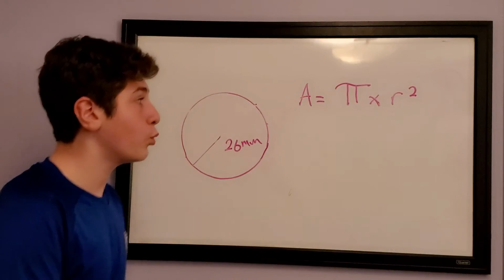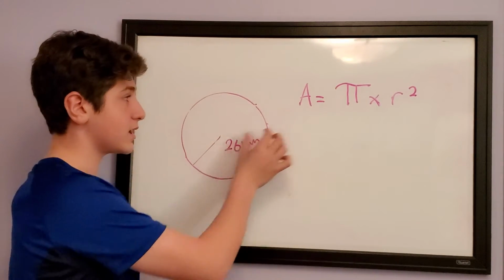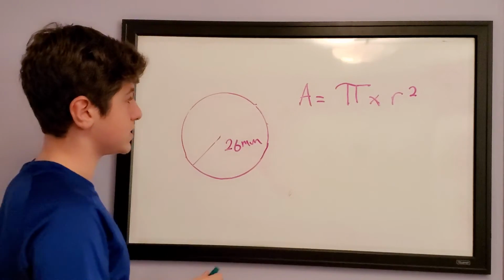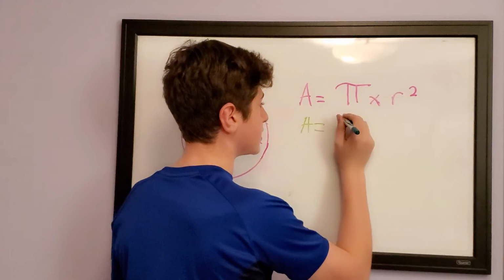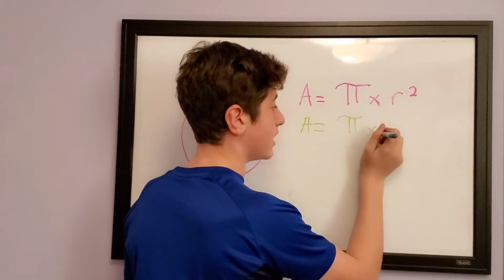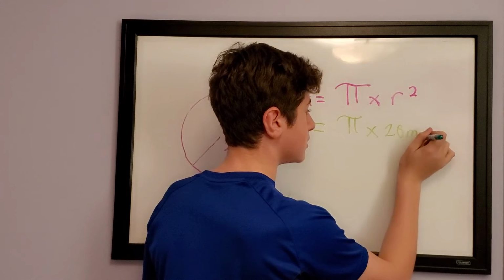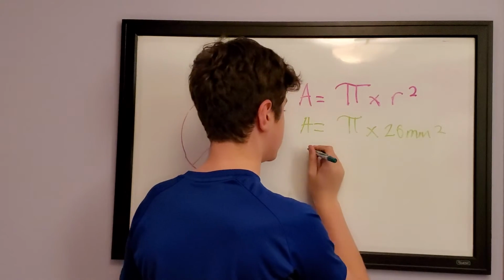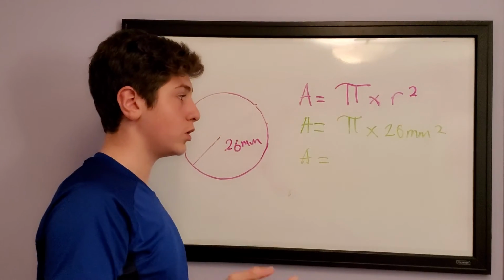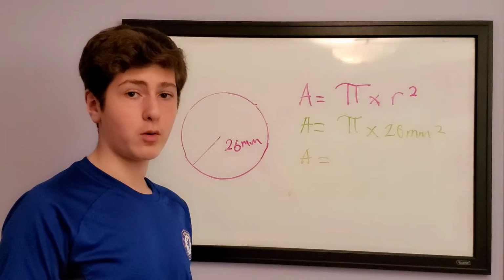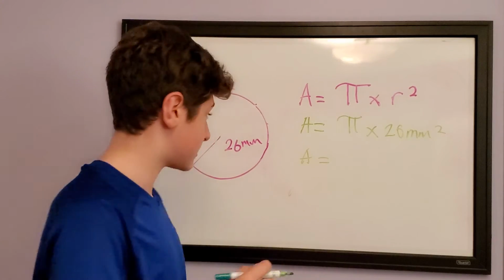Now, we can just solve the formula regularly. We have the radius, and here's our formula. So let's do this. Area equals pi times 26 millimeters to the power of 2. So 26 to the power of 2 is 676.